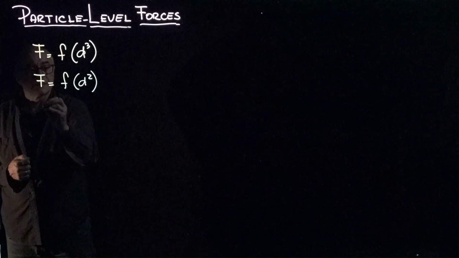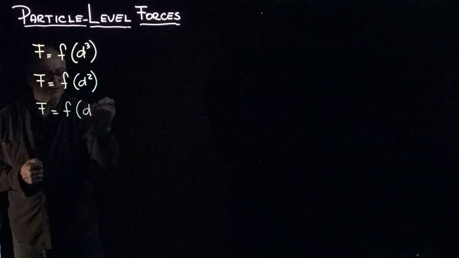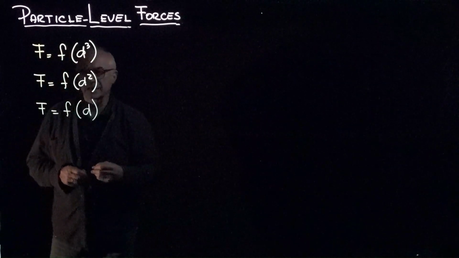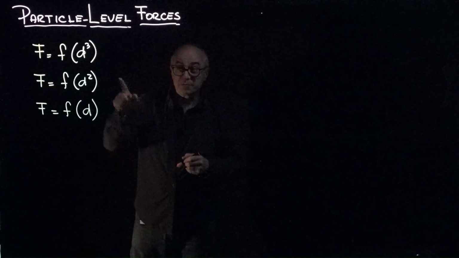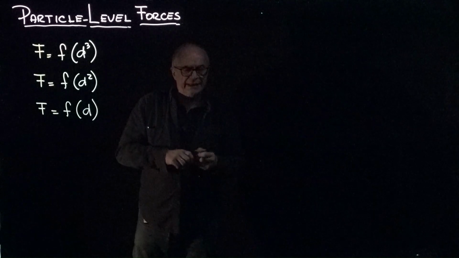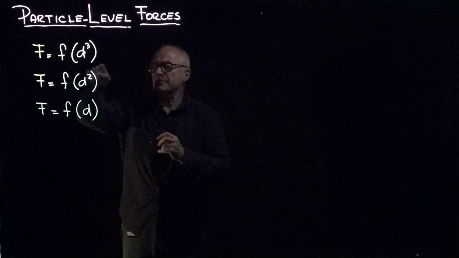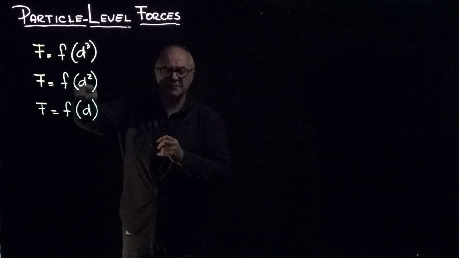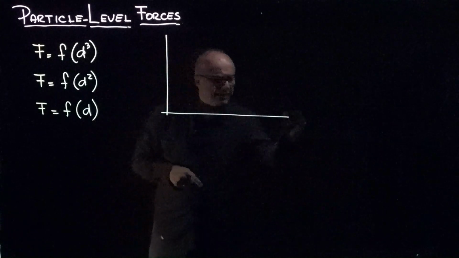And then there are forces that are proportional to the diameter, such as the hydrodynamic force. So when we plot these forces in a log-log scale, then these are power functions, and so they become linear functions.